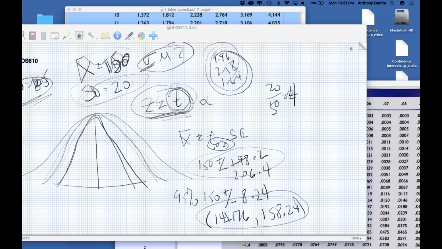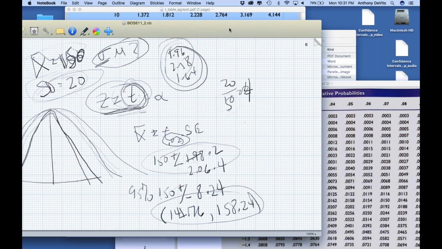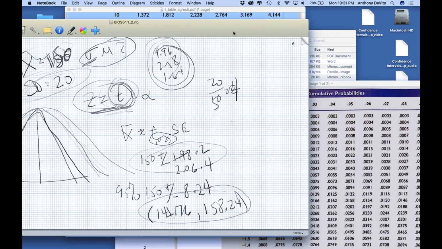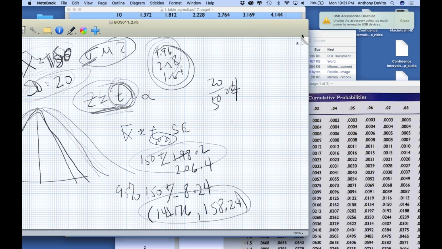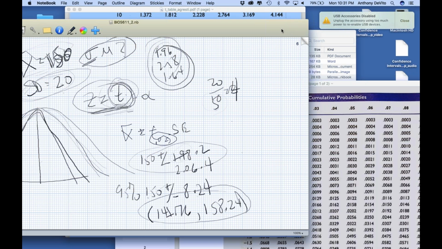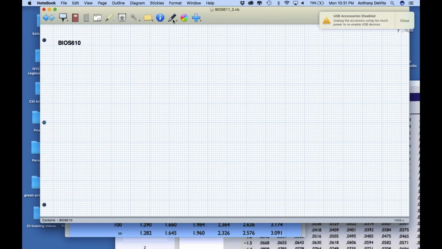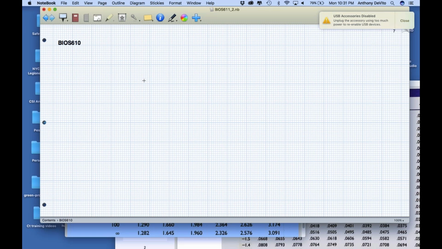Okay, I'm going to do one more thing that involves this, and that is this idea: what about a proportion? I'm going to make up a problem that involves a proportion. Let's say there's a new bond bill being floated in New York State, and we poll 200 people, so our sample size is 200.